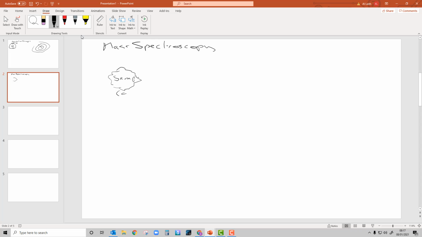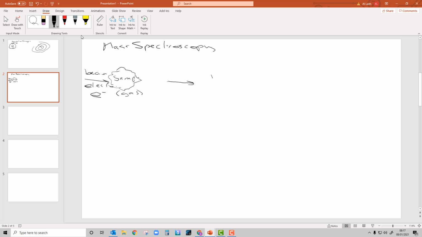And what we're doing with this is we're bombarding it with a beam of electrons. This is why scientists use symbols. Yes, there we go. And what we end up with is positive ions.